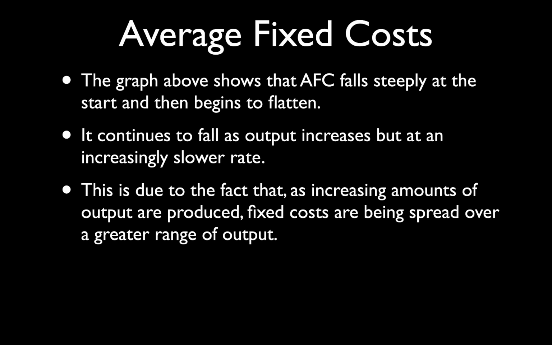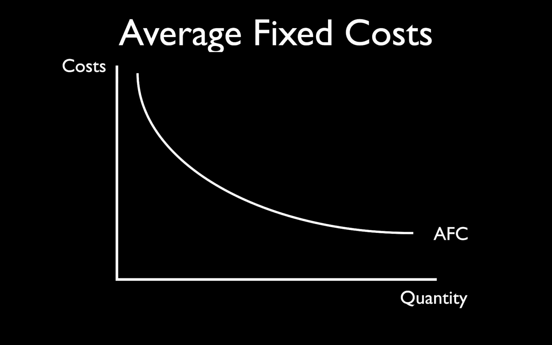Because you are producing a huge number of output, the amount of fixed cost per good is less as you increase the quantity you produce. I'll say that again. The amount of fixed cost per good, the average fixed cost, is reduced as the amount of goods that you produce increases, okay? And this is what we're saying here, that as we produce more and more, average fixed cost is consistently falling.